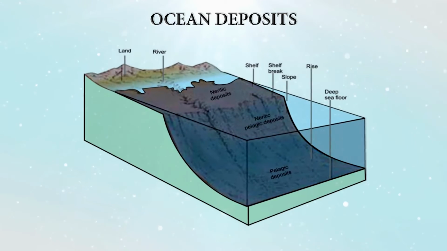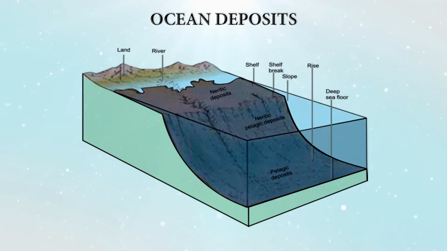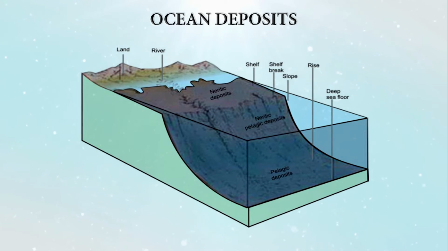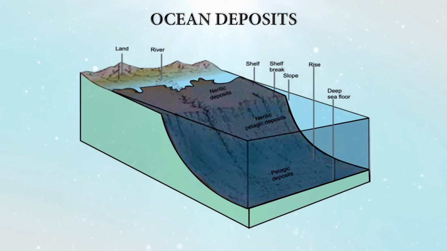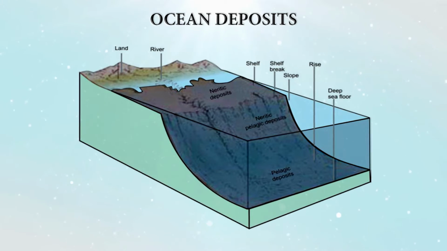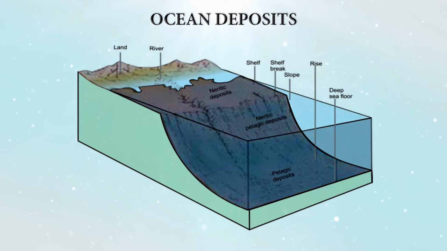These three classifications of organisms were given by Johnson, and the pelagic deposits mostly consist of decomposition of these organisms. Red clay also forms a part of pelagic deposits. In this figure you can see the continental shelf area is dominated by neritic deposits, then the continental shelf break area, and the slope area also has a few neritic deposits.